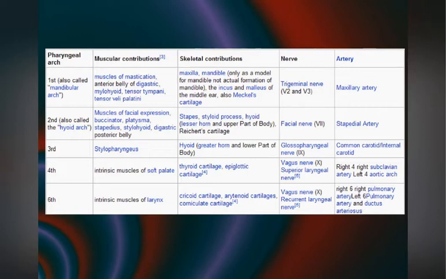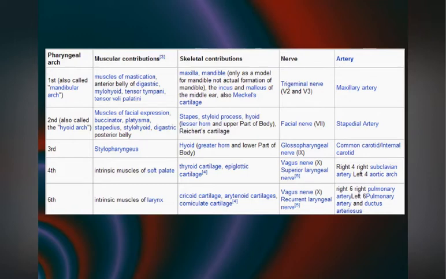In lower vertebrates, like fish and frog, we have six pharyngeal arches instead of 5. And they are numbered 1, 2, 3, 4, 5, 6.